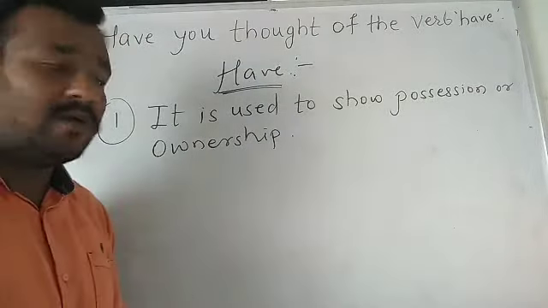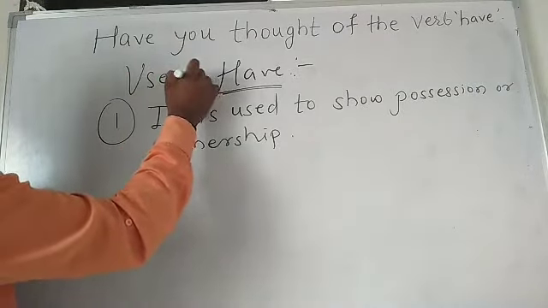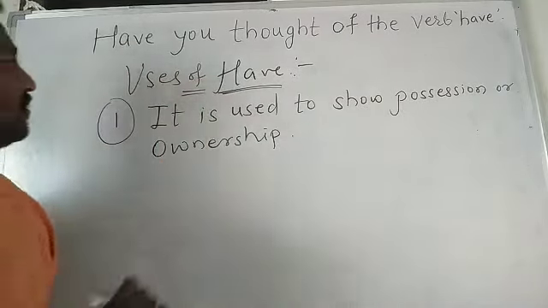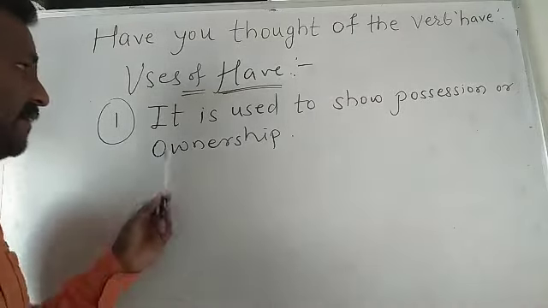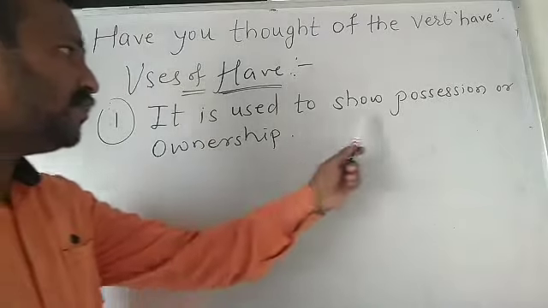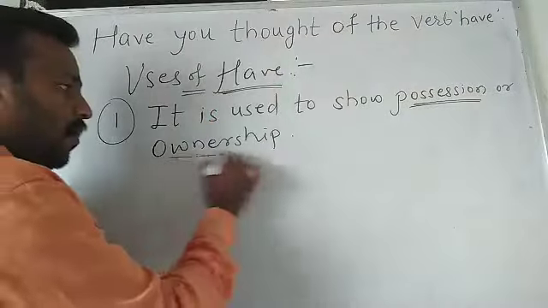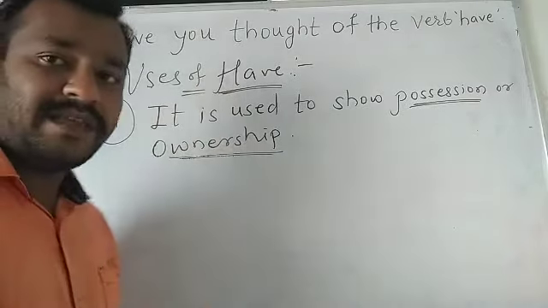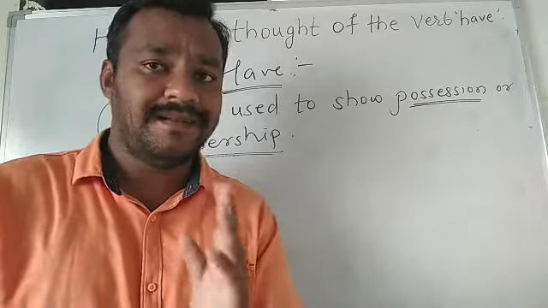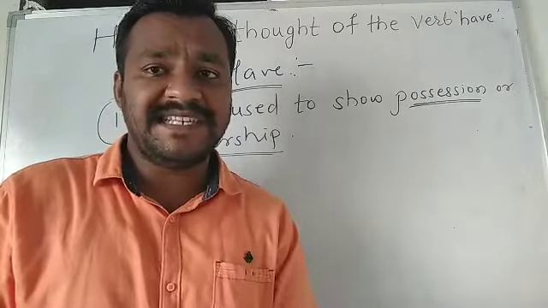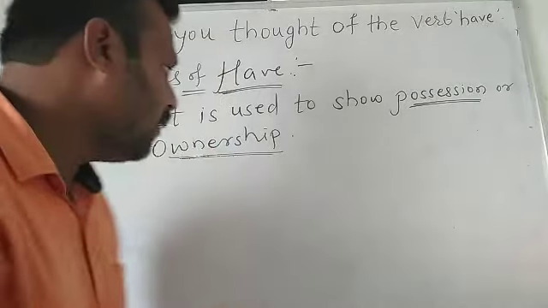You can write it down: uses of have. The first use, I have written on the board: it is used to show possession or ownership of something. Along with possession, sometimes ownership also we can show with the help of have.